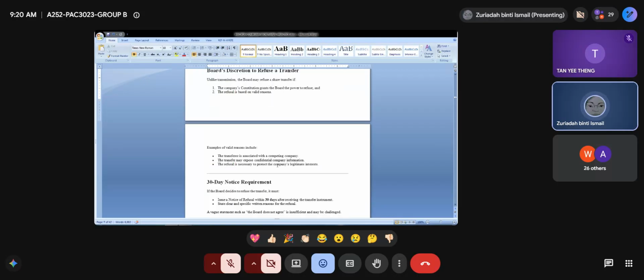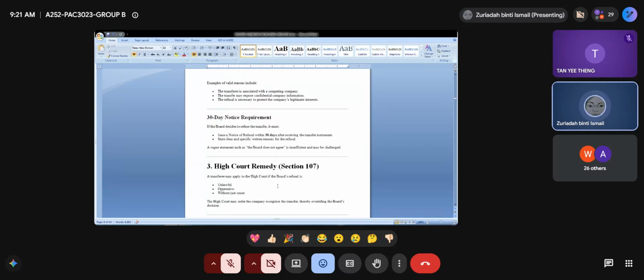They also need to give 30 days notice. When the board is given the power to refuse and has a valid reason, they must issue a notice of refusal within 30 days. In the notice, they must clearly mention the reason for refusal.